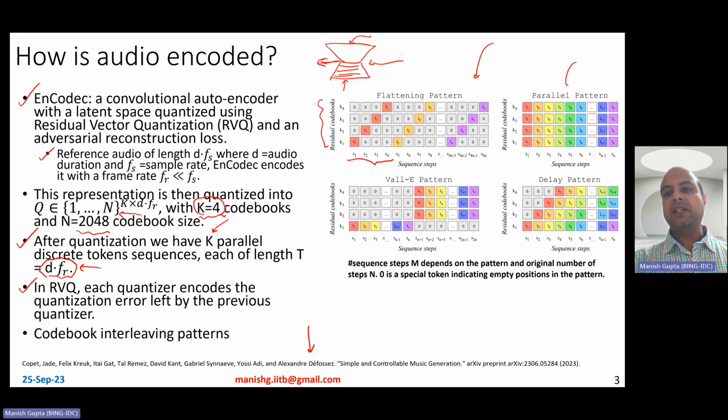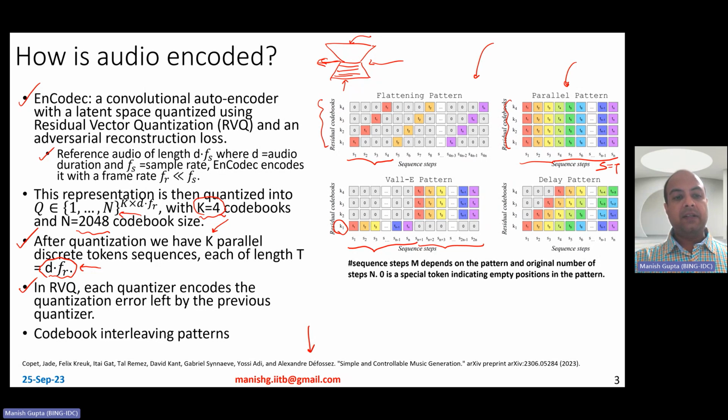A more efficient pattern is the parallel pattern. In the parallel pattern, the total number of sequence steps is exactly T because you represent all 4 codes at the same time step. Then there are 2 other patterns, the valley pattern and the delay pattern. In the valley pattern, you compute the first code first for all the time steps T1 to Tn, and then in parallel you represent the next few codes.